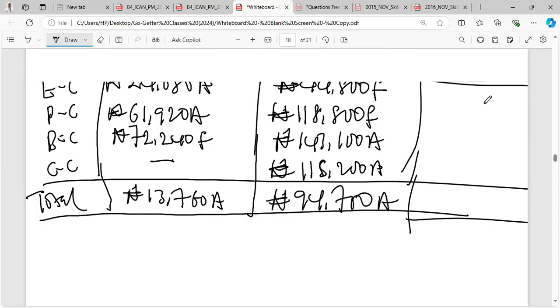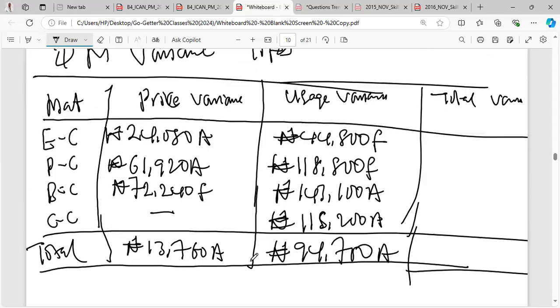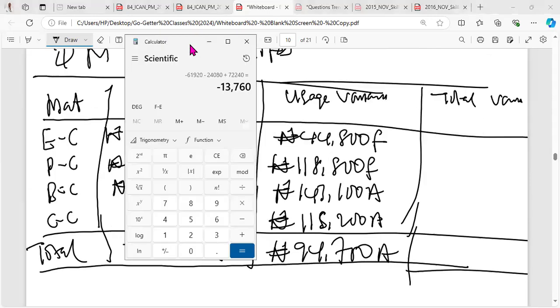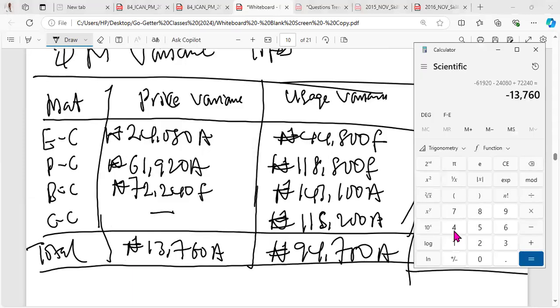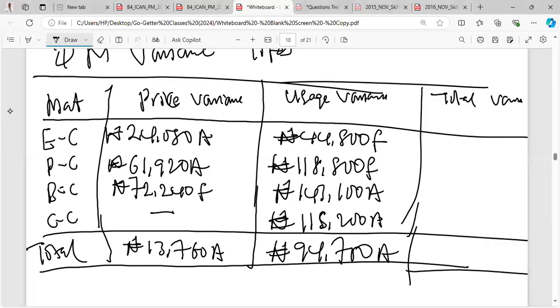All right. So we can now do the total line by line. 24,080, which is adverse, I'll put a minus, plus 44,800, which is favorable, gives me 20,720 favorable.